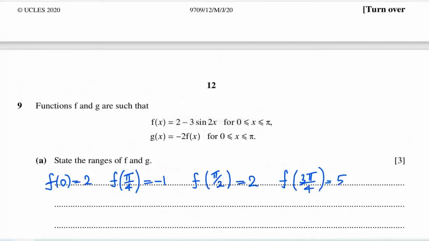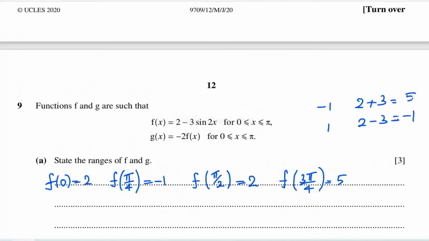Or simply we can take the value like sine function gives the minimum value as -1, maximum value is 1. So if you substitute that, you will get 2 plus 3, and in this case 2 minus 3, you will get 5 and -1. So like that also you can calculate.